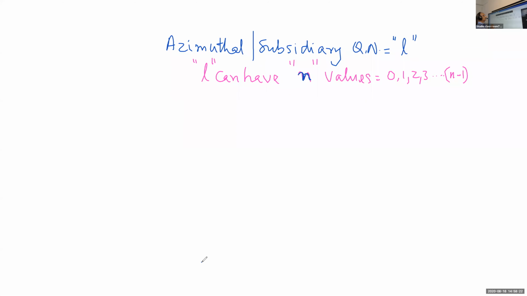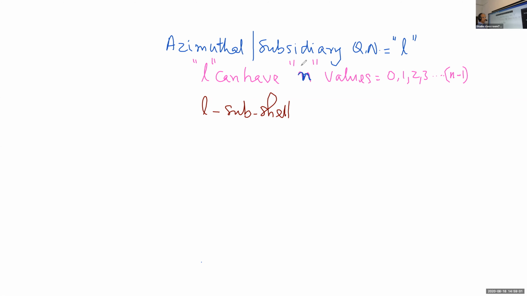And what do the L values represent? The L value represents the subshell. If we get the L value, immediately we can say which subshell it is.